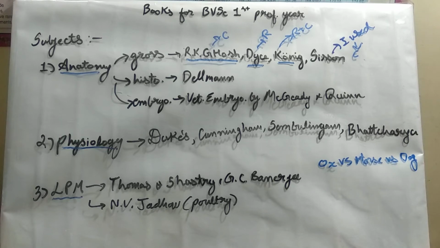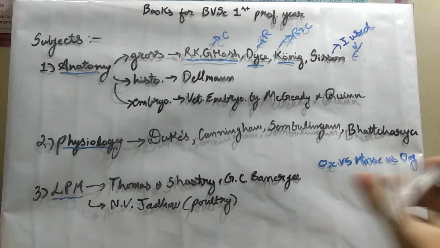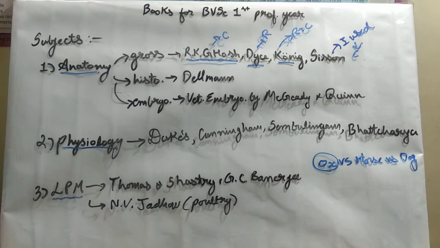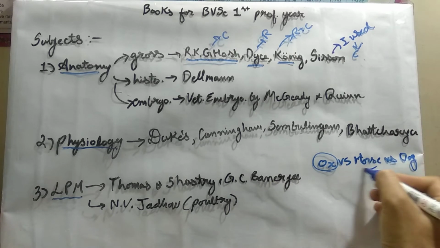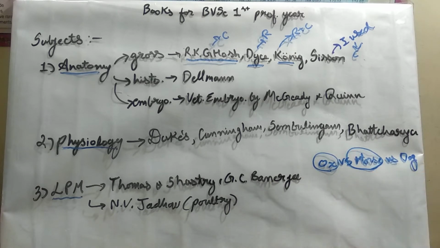In veterinary medicine we have to study a lot of animals, and of course it is not possible to study all the animals, so we usually take one animal to represent a certain group. For example, for ruminants we usually talk about cattle. For non-ruminant herbivores we usually talk about horse and pig. For carnivores, especially the companion animals, we take the example of dog.